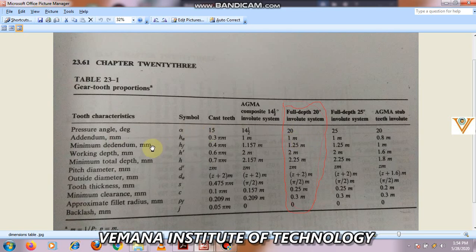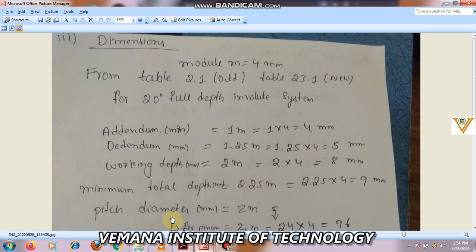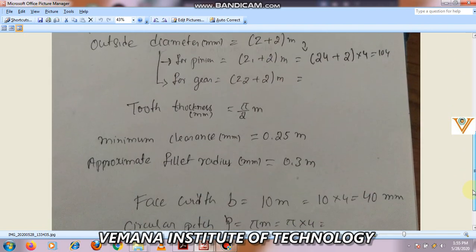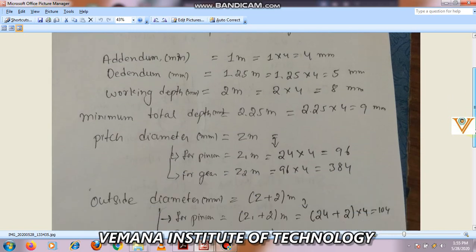For dedendum, it is 1.25 times module, 1.25 into 4, which is 5 mm. Like that, I have listed all the dimensions from the same table 23.1 and found the values.